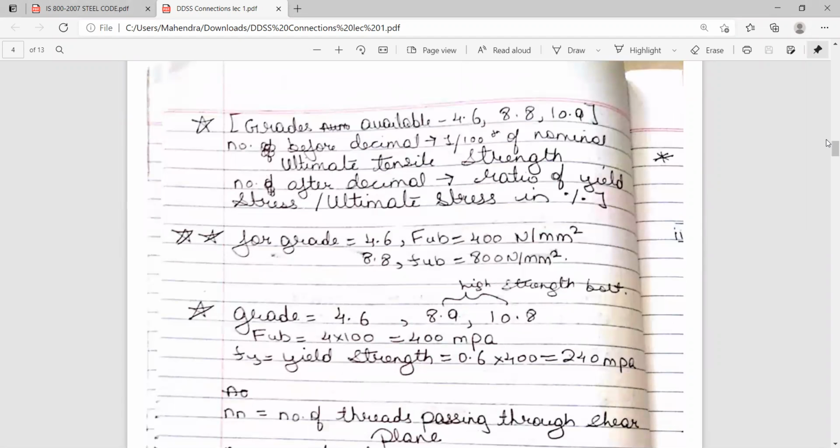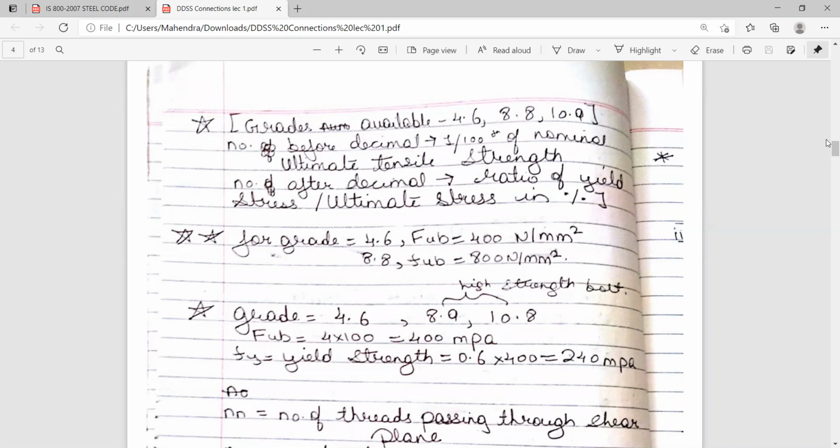Now the grades available are 4.6, 8.8 and 10.9. The number before the decimal is 1 by 100th of the nominal tensile stress. The number after the decimal is the ratio of the yield stress upon the ultimate stress.